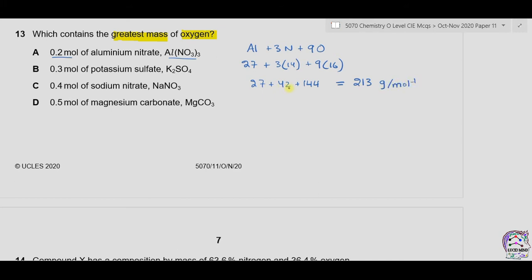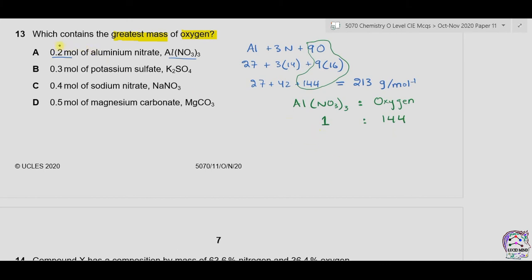If this molecular mass was taken in grams, then it would be 213 grams for 1 mole of aluminum nitrate. As we have 0.2 moles, let's find the mass of oxygen in 0.2 moles. As we have 1 mole of aluminum nitrate, the amount of oxygen present is 144 grams. So we can write 144 for oxygen.